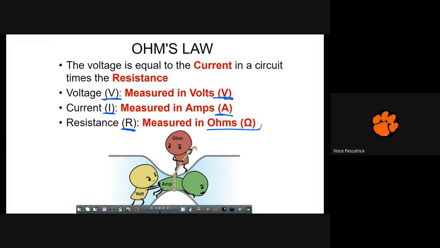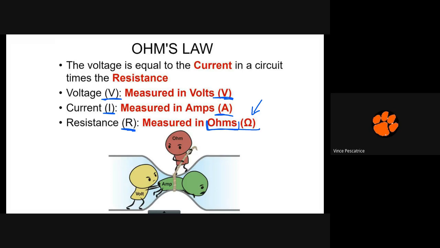Now, if you can't find this symbol on your assignment, I pasted it on there so you can copy and paste it for your answers, but if you can't find it, that's okay. Just type out the word ohm here when you have your answer. That's fine.